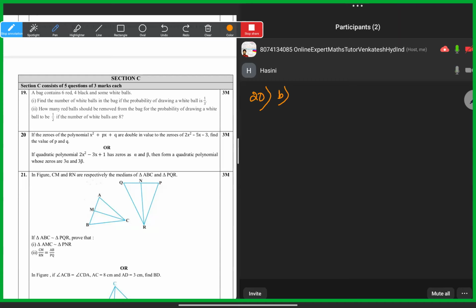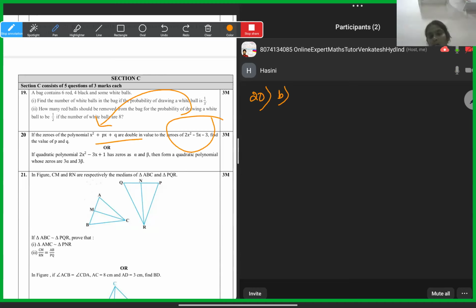Yes, Hasni. Indirectly, if you see, this and the one before are the same. Before, whatever the zeros of the polynomial, this time they said to triple those zeros.